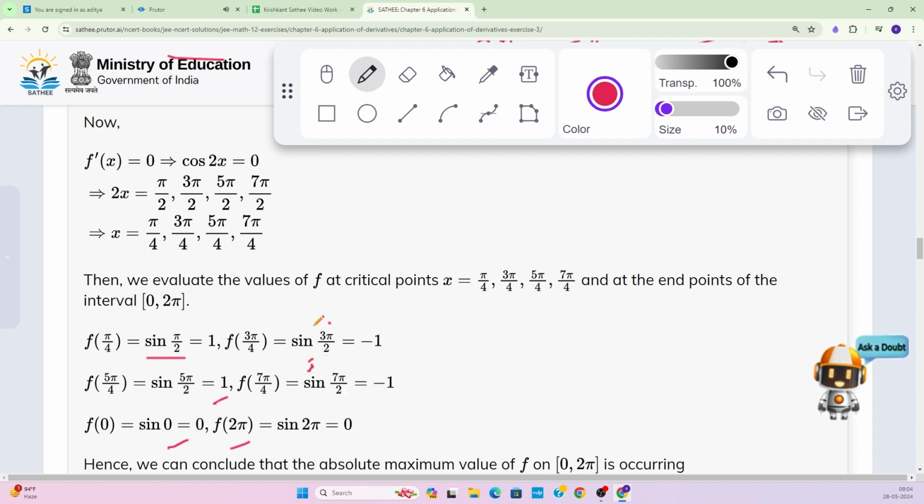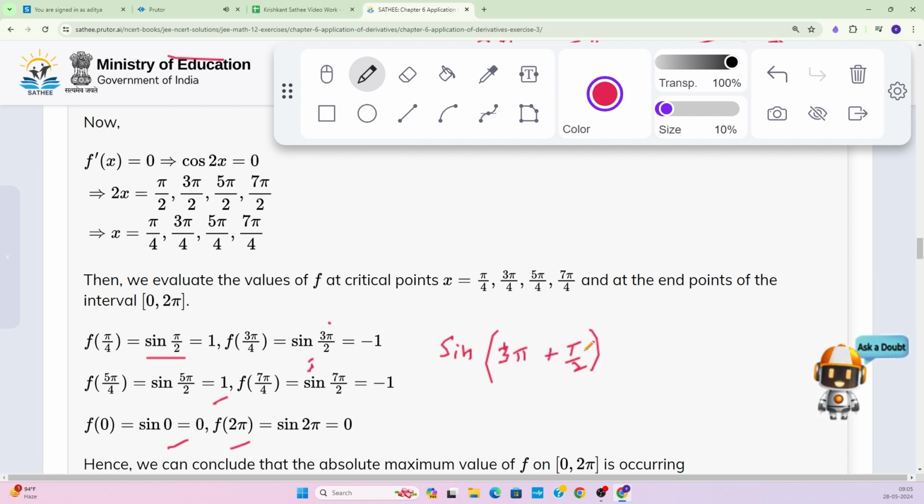As you can see, this will be pi plus pi by 2, so this will be minus 1, and this value will be what? This can be reduced to 3 pi plus pi by 2.